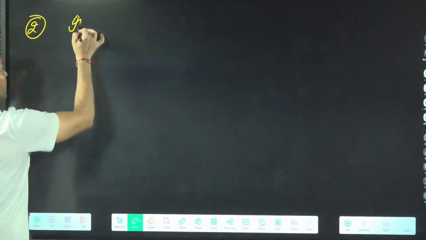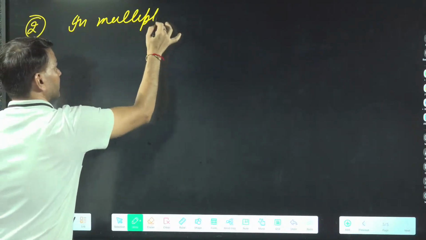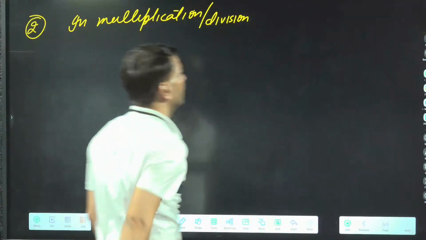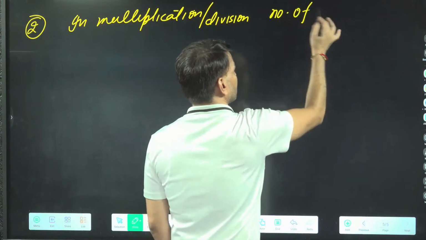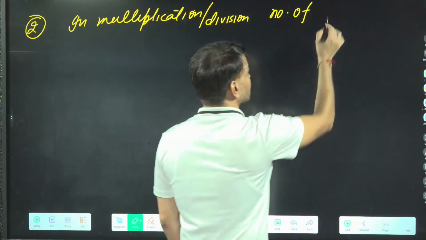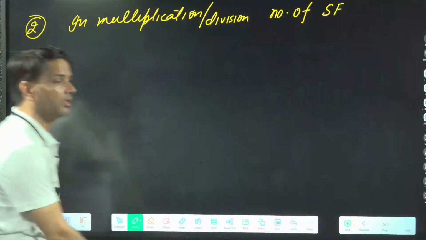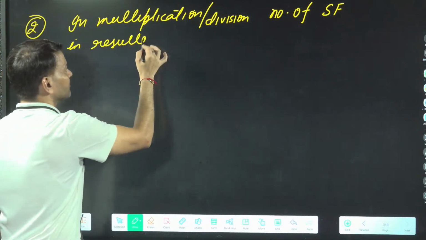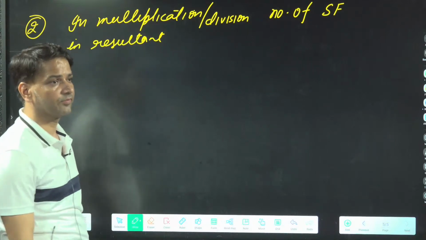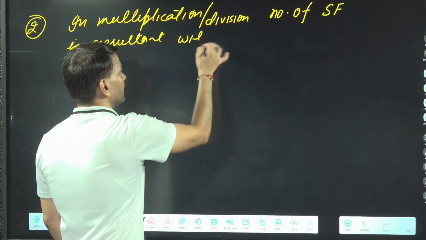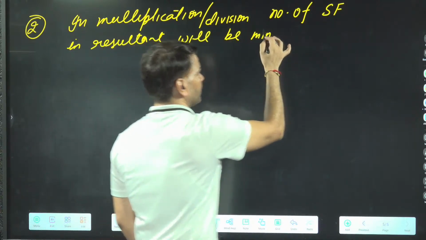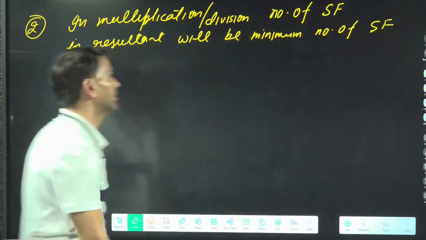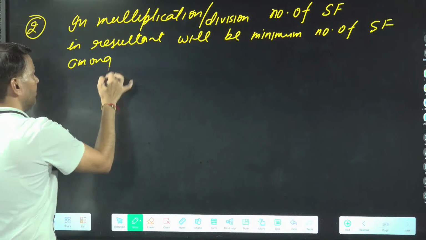So first, in multiplication or division, the number of significant figures in the resultant will be the minimum number of significant figures among all numbers.